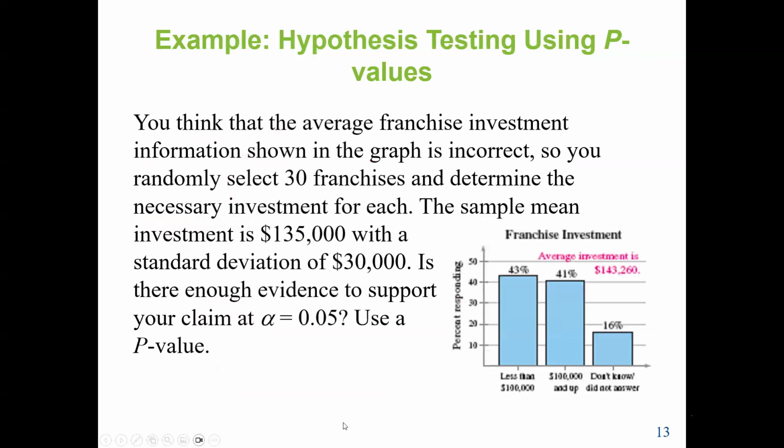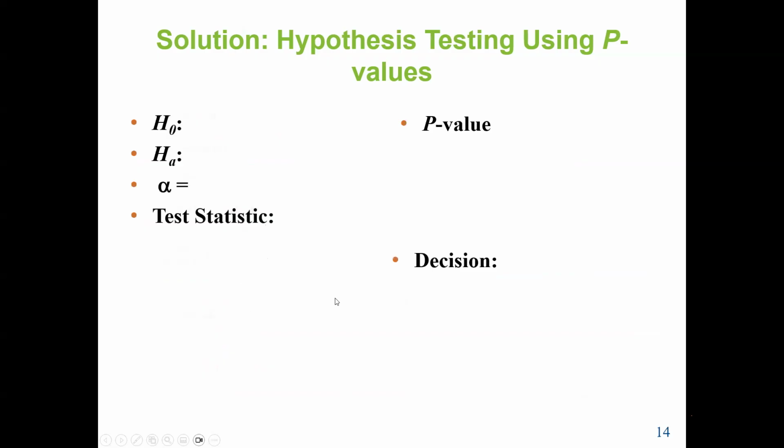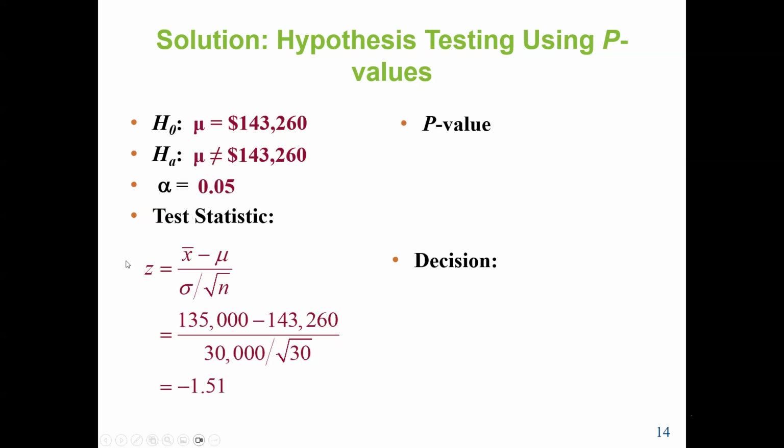Then we have another example here, but again, we're going to skip this example, the same concept, because of time. Based on the question, H0 is given, HA is given, alpha is given, and we find the test statistic. Sample mean and standard deviation are given. The sample size also is 30, so that's good.